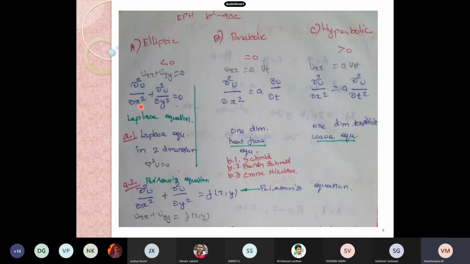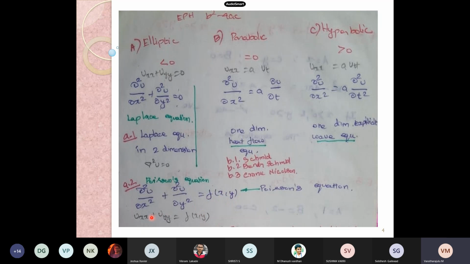Among elliptic, we are going to deal with two different equations. One is the Laplace equation, that too in 2 dimensions, and the Poisson equation. This is the Laplace equation. See, this is the Laplace equation. The Poisson equation is usually in the form of dou square u by dou x square plus dou square u by dou y square is equal to f of xy.